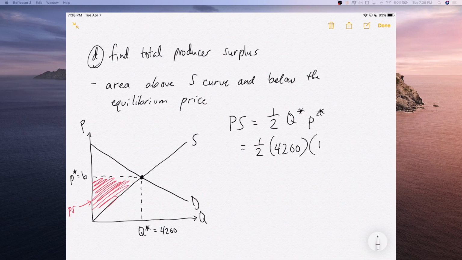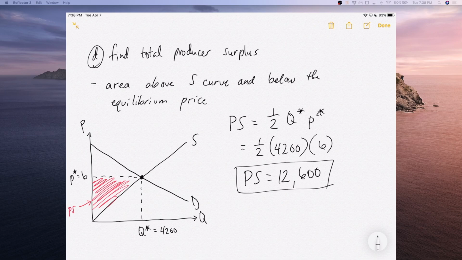Break out the calculators again. We should get producer surplus equals 12,600. Okay, and that is our total producer surplus. And with that, figure it out problem number 3 for chapter 8 is done.